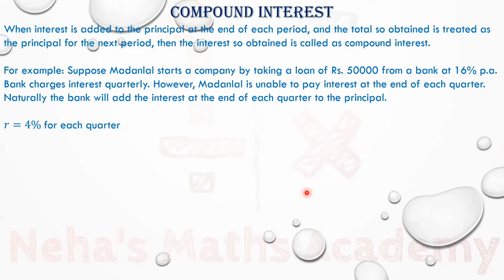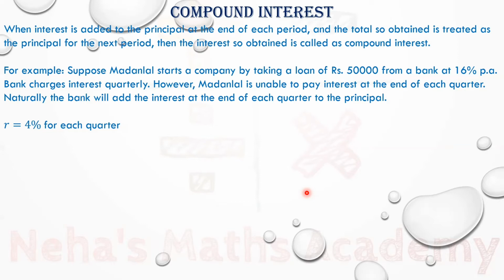When interest is added to the principal at the end of each period and the total so obtained, total means principal plus interest of that period. The total is treated as principal for the next period or next installment. Then the interest so obtained is called compound interest.